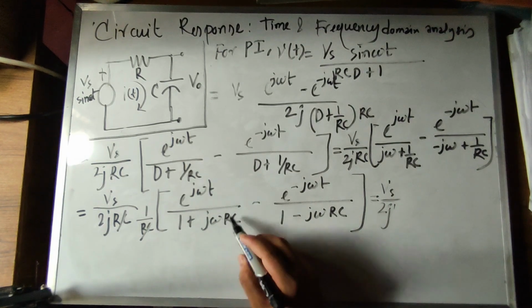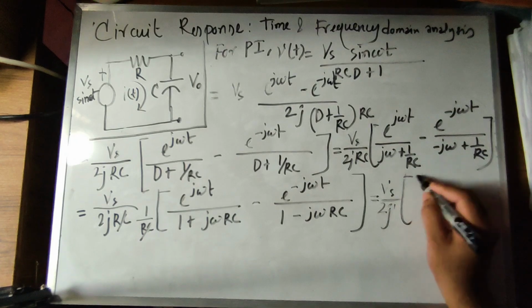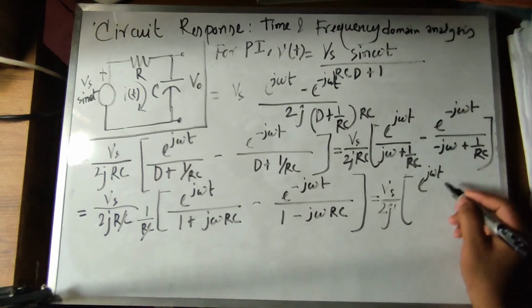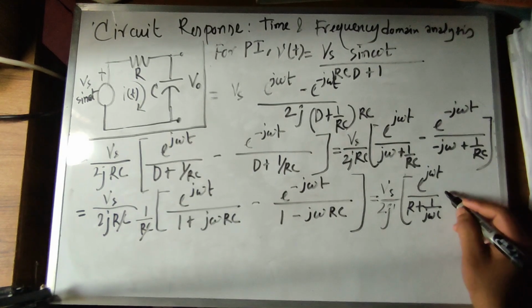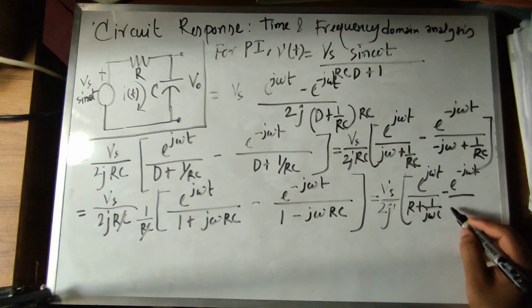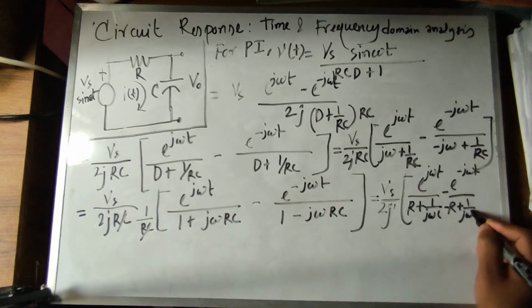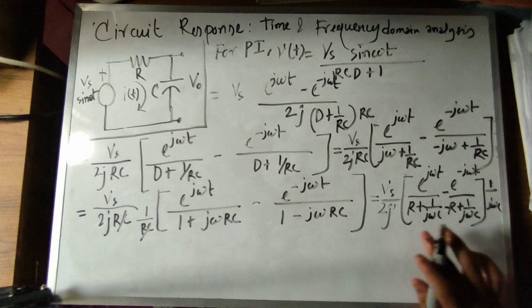Now we are going to get this j omega part here, so e to the power j omega t by R plus 1 by j omega C, minus e to the power minus j omega t by R minus, R plus 1 by j omega C, and the common part is j omega C. Sorry, only j omega C is the common part from this.